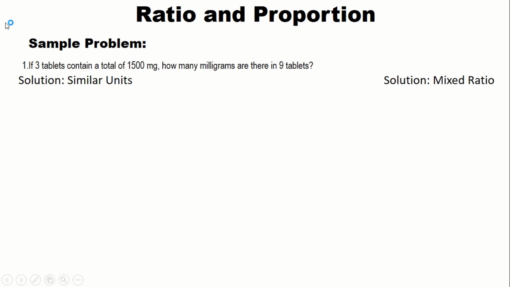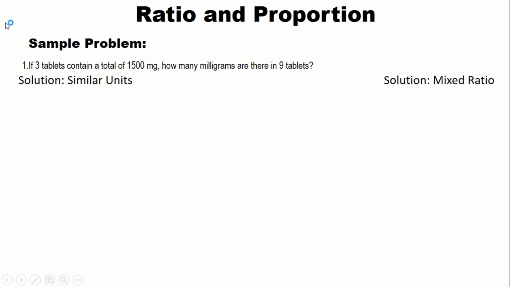Let's substitute our given into this formula. B is 10 milligram times 240 ml divided by 480 milligram. The answer is A equals 5 ml, because 10 times 240 is 2,400, and divided by 480 it becomes 5 ml.